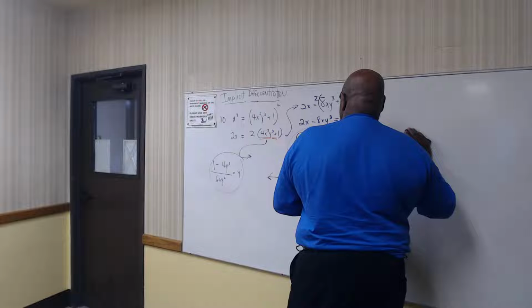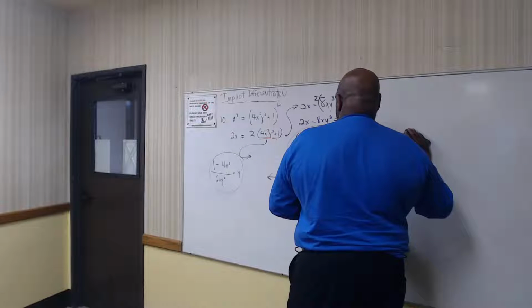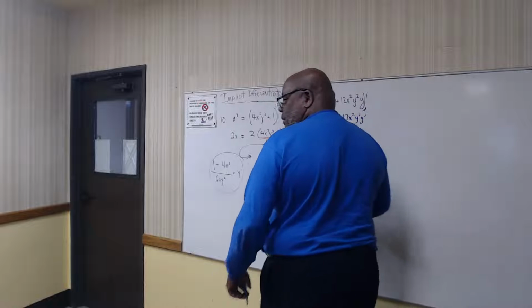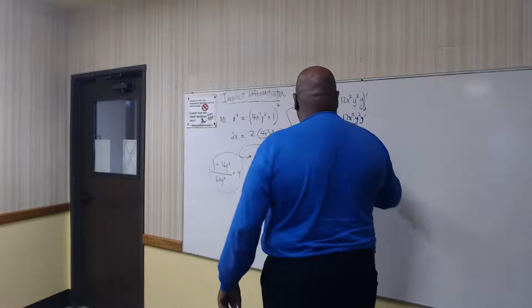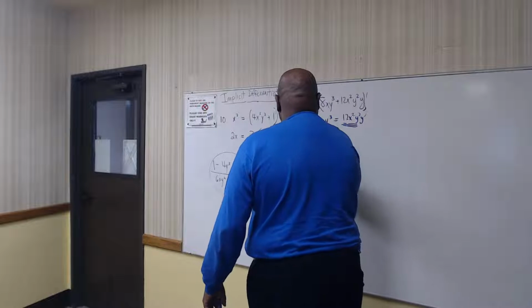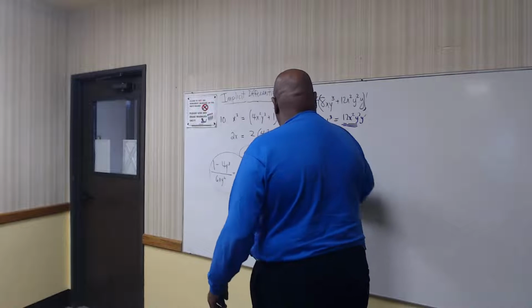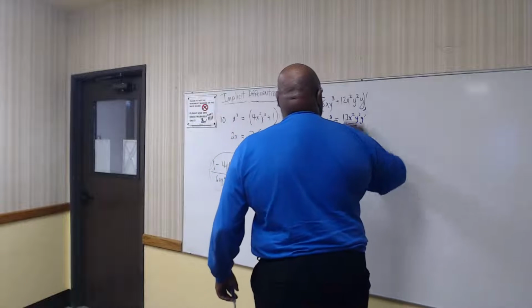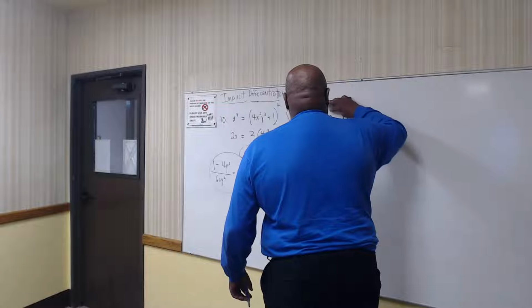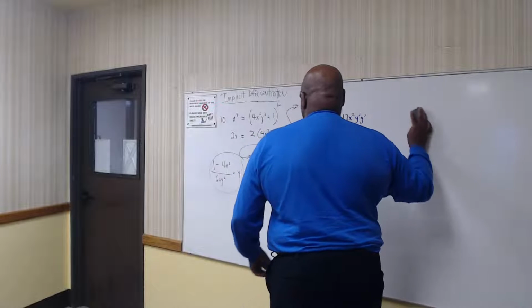Which means that I should go back to here. Okay? I can't just put it down here. See why? I like these things. I think there are 2 8x's. So let me show you where it is. Okay.